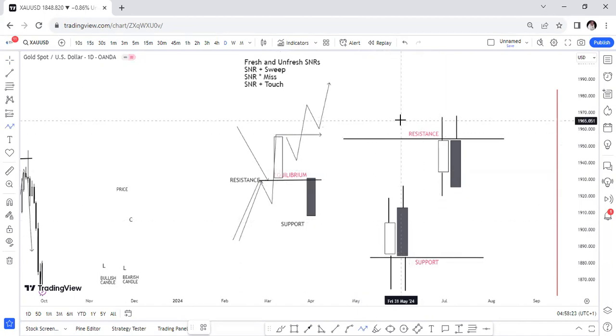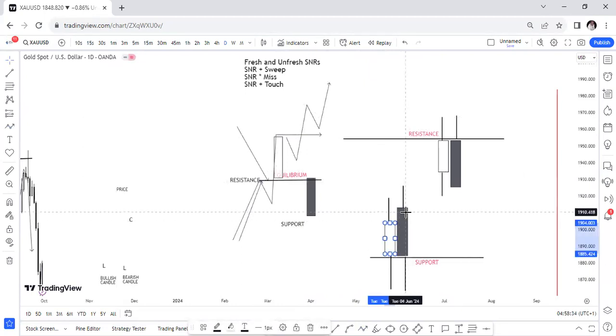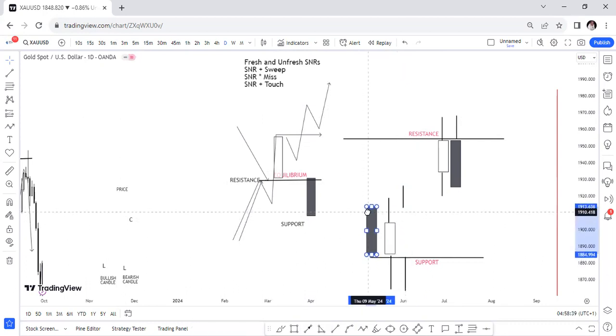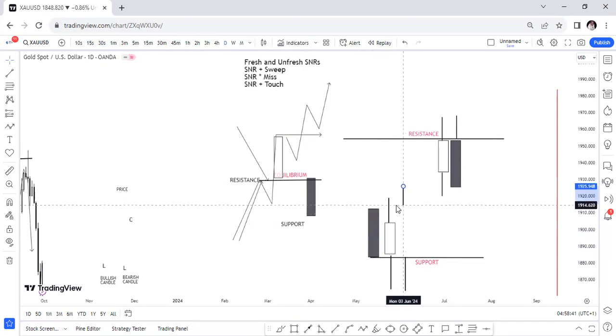No, I made a mistake there. This should be on the other side, the other side of the market.